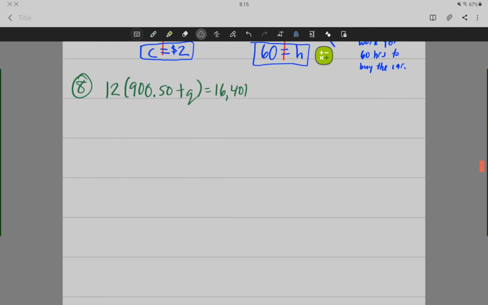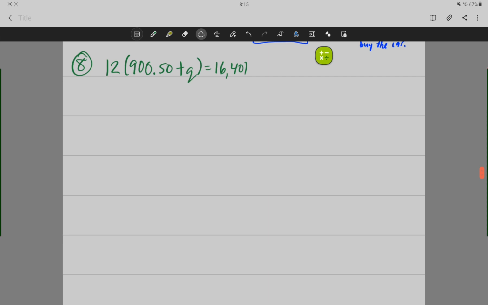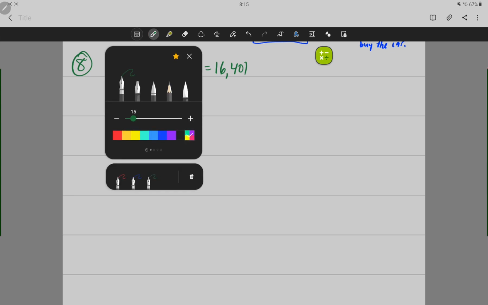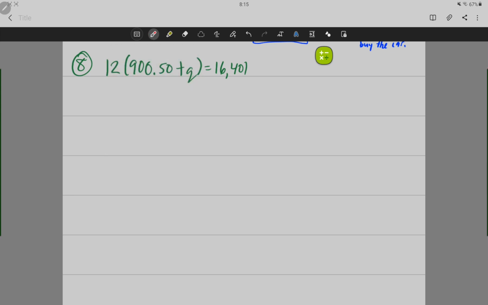Since I know more people tend to distribute, I would say I would distribute for this one, but again, the numbers will be pretty big. So I will just show you the other way for this one. But again, if you distribute and you follow the right steps, you will get the correct answer as well. But equal sign, let's draw the line. Now I'm seeing the 12 on the outside.